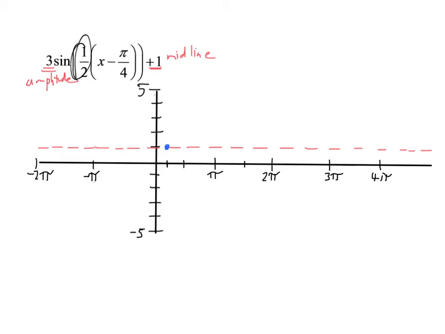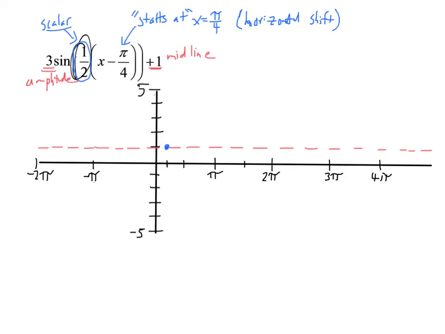Okay, now the question is, well, how long till I come full circle? So that's where this one comes in. This is the period. This one we saw, that's like our starting location, and you could also think about that one as a horizontal shift. So this other one's going to affect the period.